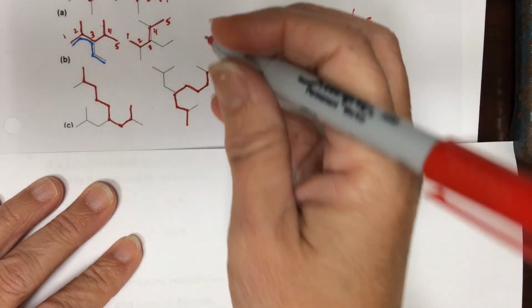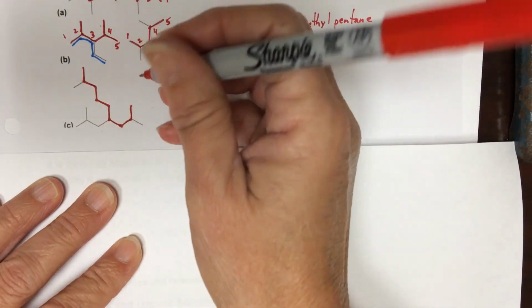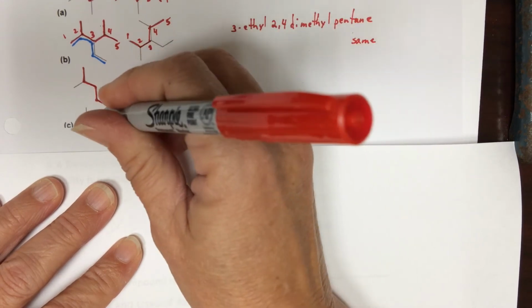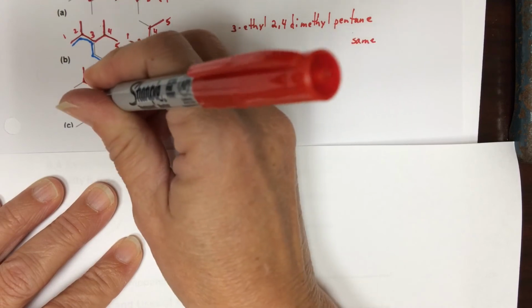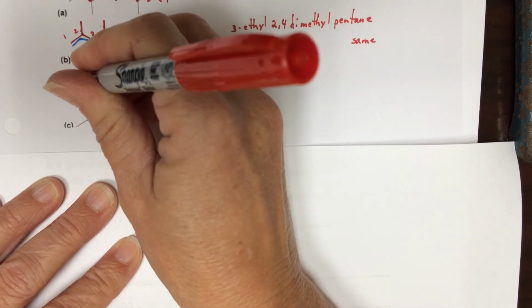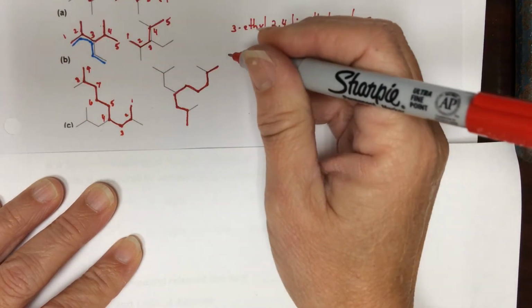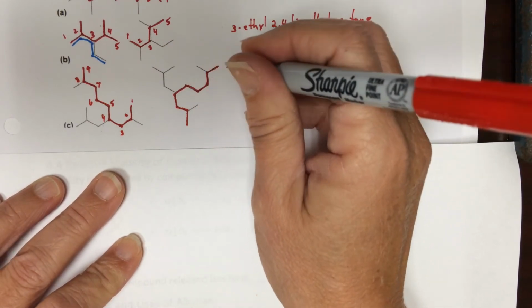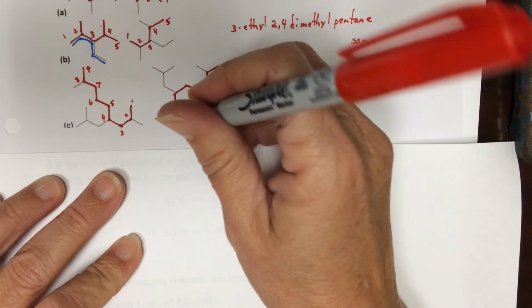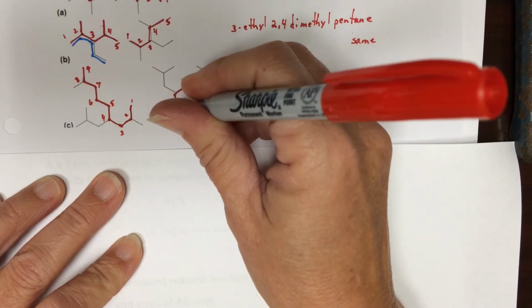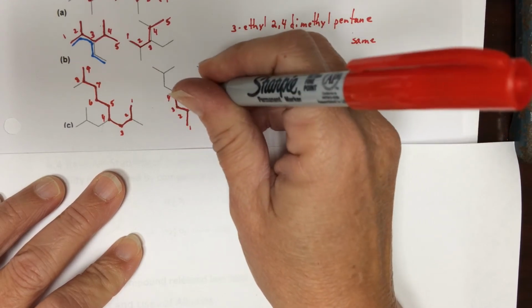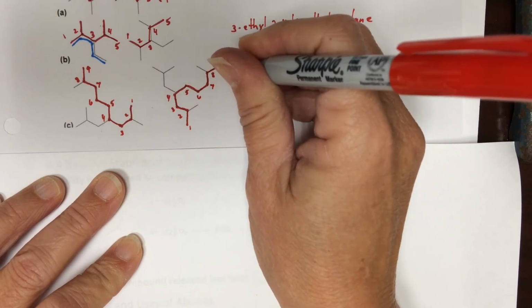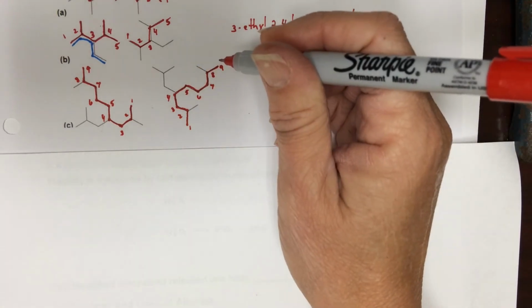So we go 1, 2, 3, 4, 5, 6, 7, 8, and 9. So it's a nonane. And this one we would number 1, 2, 3, 4, 5, 6, 7, 8, 9. So it's also a nonane.